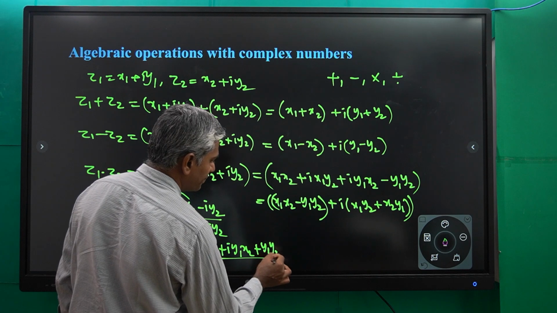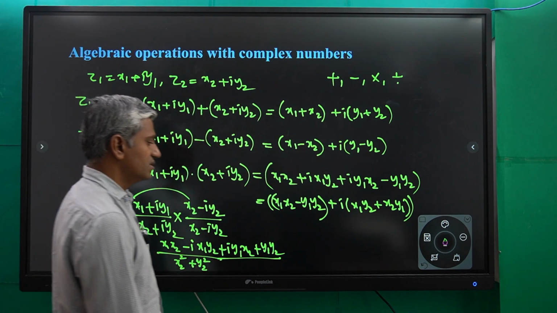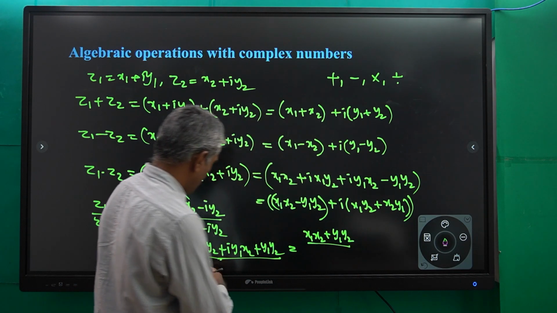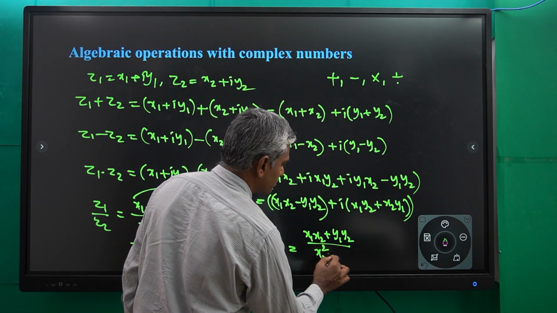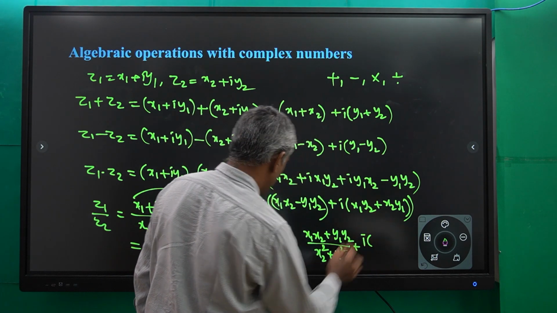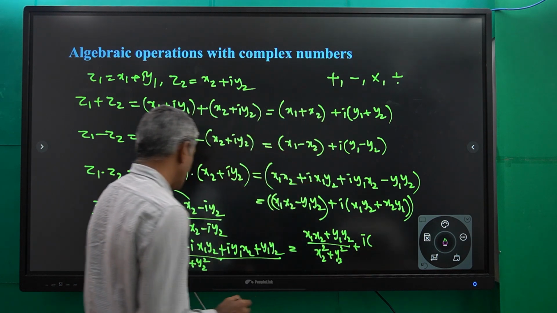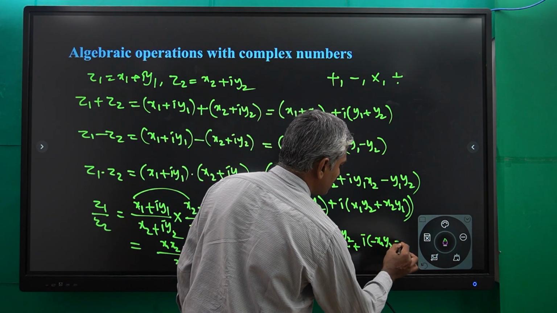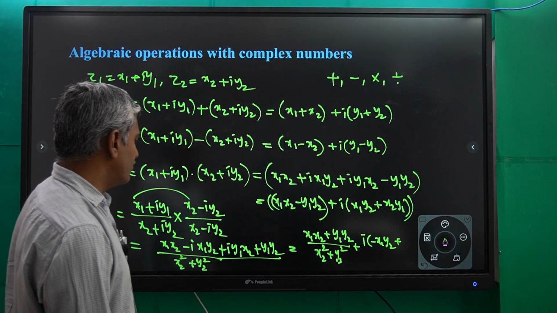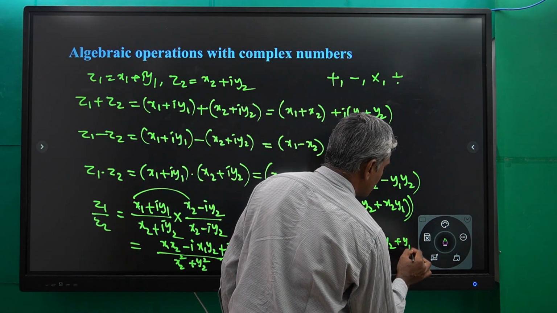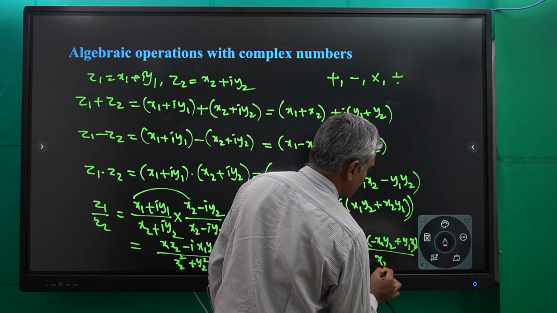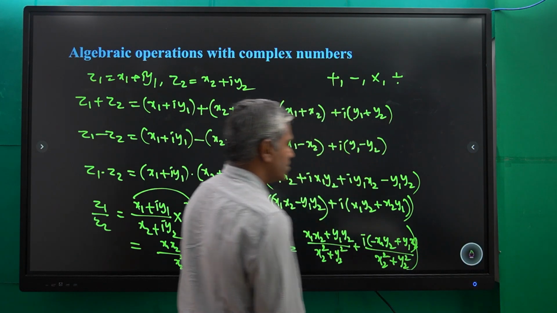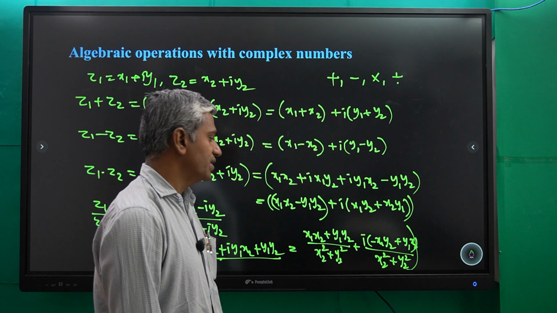Therefore, separating the real part and the imaginary part: x1 x2 plus y1 y2 divided by x2 square plus y2 square, plus i times (minus x1 y2 plus y1 x2) divided by x2 square plus y2 square.